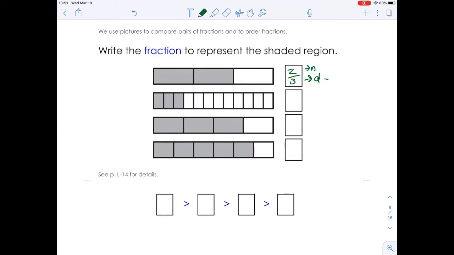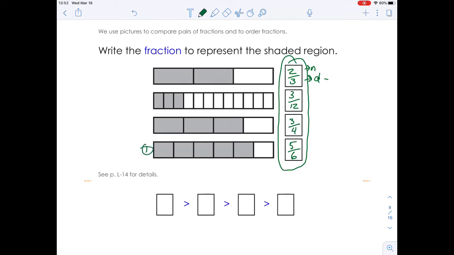So in this next number strip, it's divided into 12 sections, and we have 3 shaded. Over here we have 3/4, and then down here we have 5/6. And if all we were looking at is the fractions, it would be hard to put them in order, but because we have the number strips, we can quite easily tell.